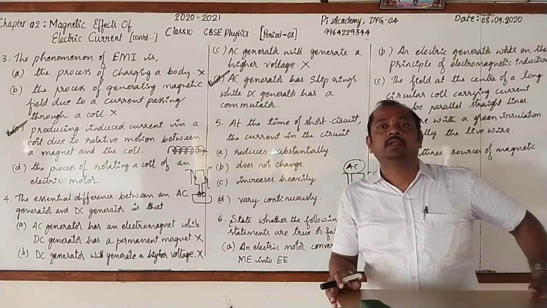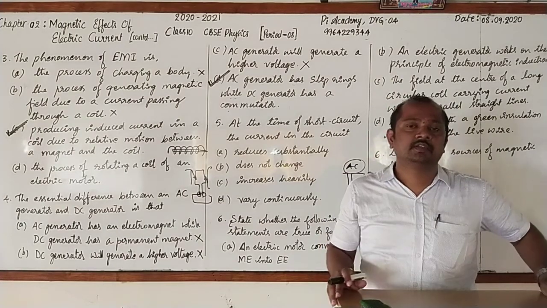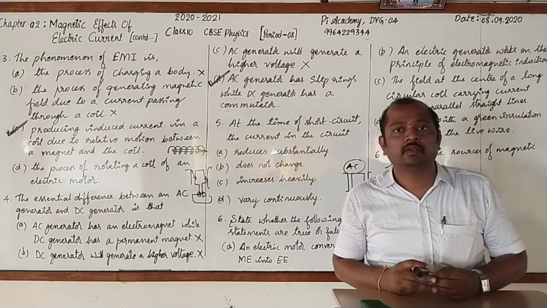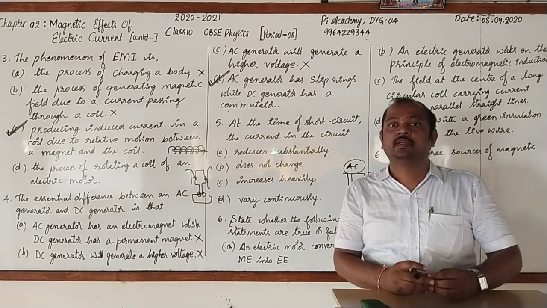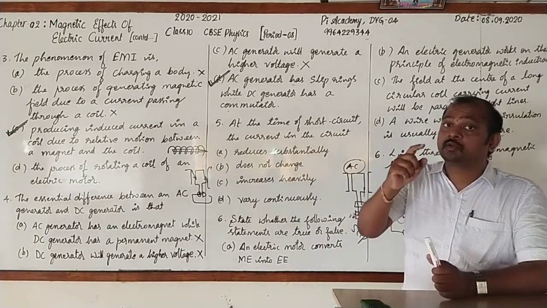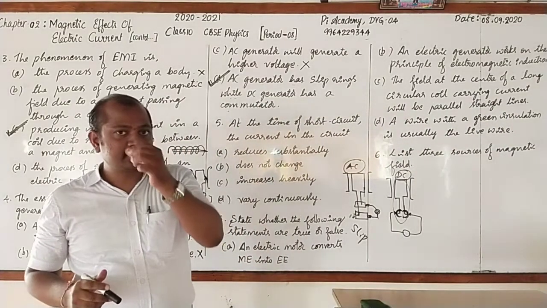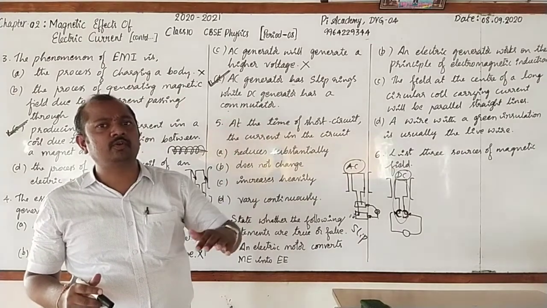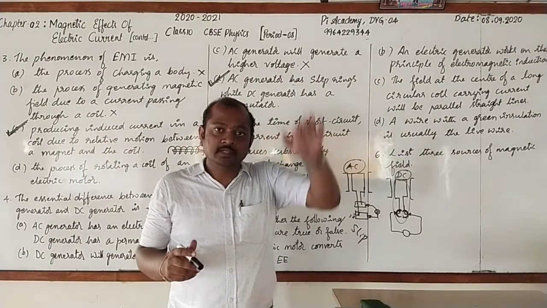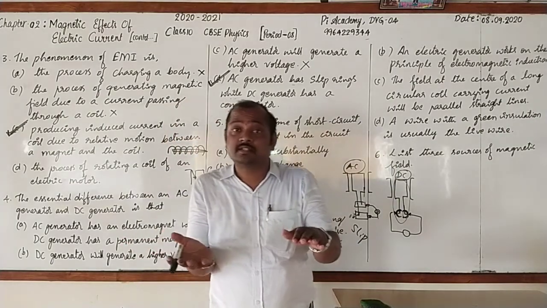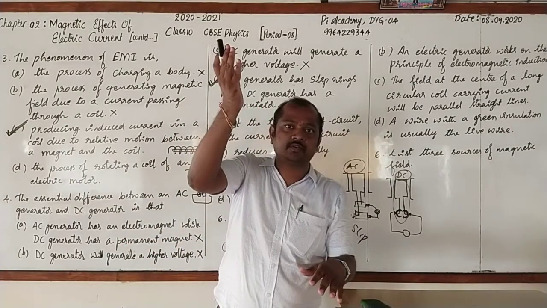It may be due to damage in the circuit, or when the live wire comes in contact with the neutral wire directly. Then what will happen to the resistance? The resistance almost becomes zero. When the resistance decreases, what about the current? There will be easy flow for the electrons, hence the current increases, right?